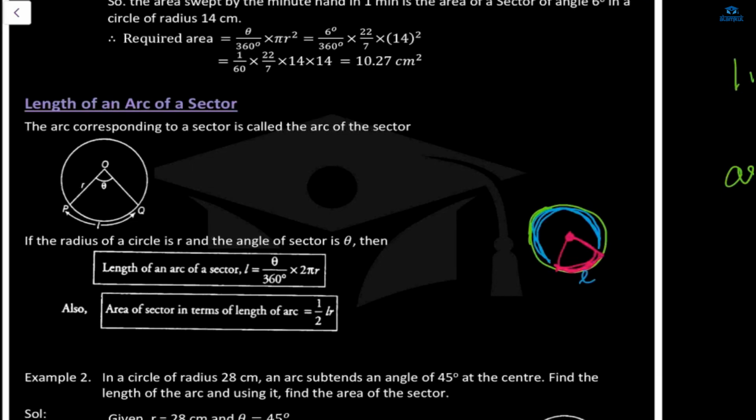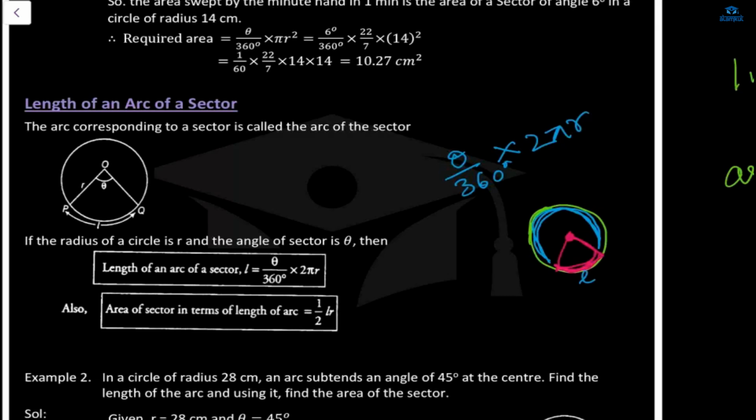Now, what is the length of the arc of the circle? Again, the same formula, theta upon 360 degree, but this time you are finding the circumference, the length. So it will not be pi r square, it will be 2 pi r, which is the circumference of your complete circle. Theta upon 360 degree into 2 pi r.